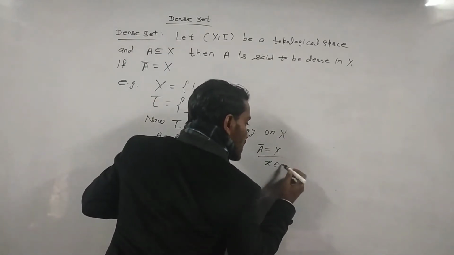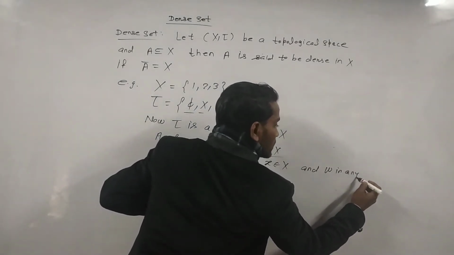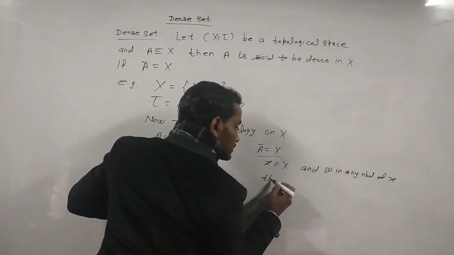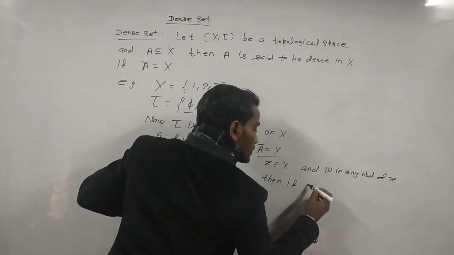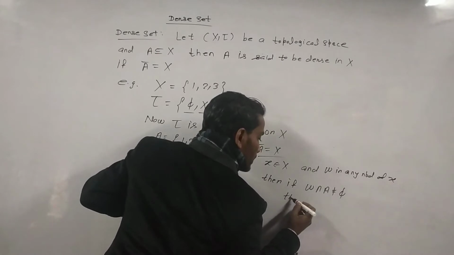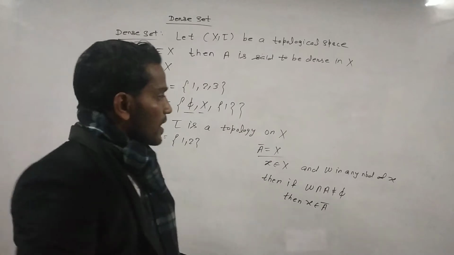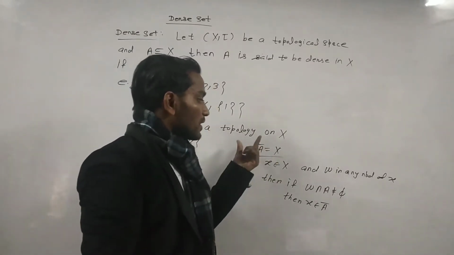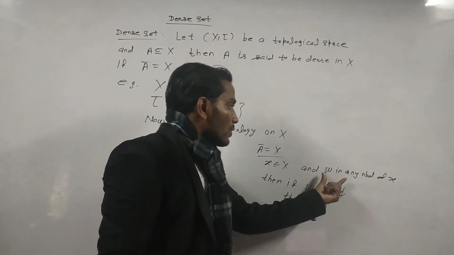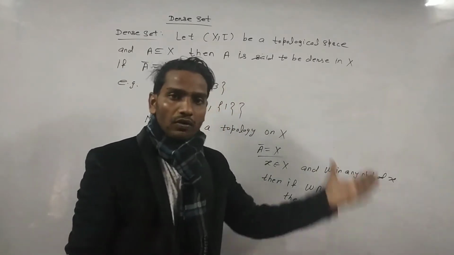If x belongs to X and W is any neighborhood of x, then if W intersection A is non-empty, then x belongs to A closure. ये हम जानते हैं, x is an adjoint point of set A. This means x belongs to A closure if for any neighborhood W of x, W intersection A is non-empty.